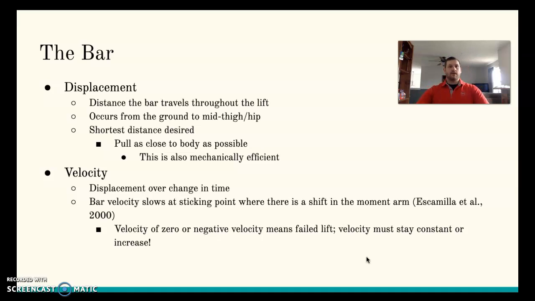Even if we get right to knee pass and we bring it out and around our knees, well, we've lengthened our displacement, right? This, like I said, is going to affect the velocity. This is the displacement over the change in time. And bar velocity slows at this sticking point where there's a shift in the moment arm.